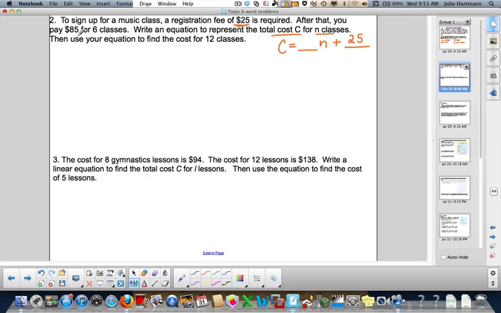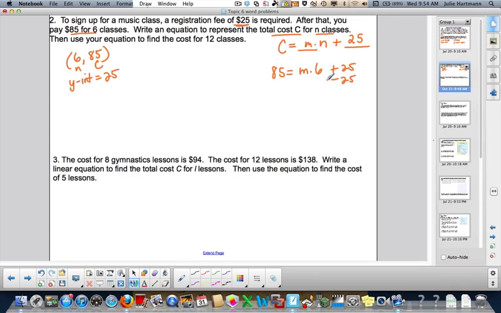And then, this right here, we pay $85 for 6 classes. So if you think about it, that is your ordered pair. So you have a y-intercept of 25, and then you have an ordered pair that's given to you. This is n, and this is C. So you can plug those in and solve for the slope. All right, so C is 85 equals m times n, which is 6, plus 25.